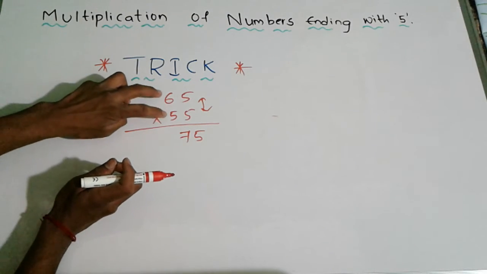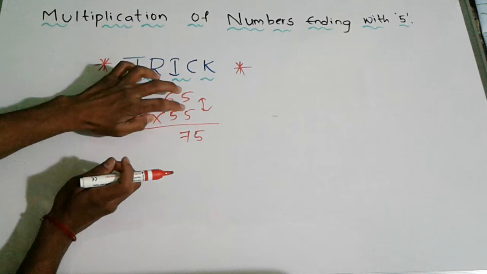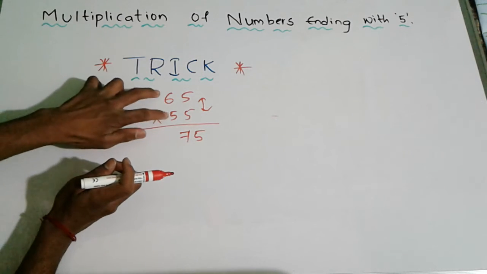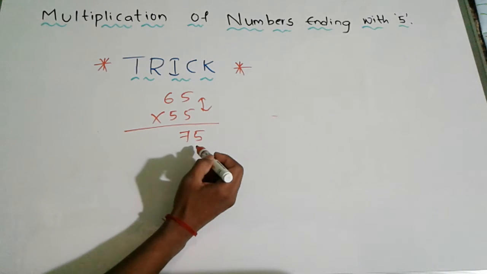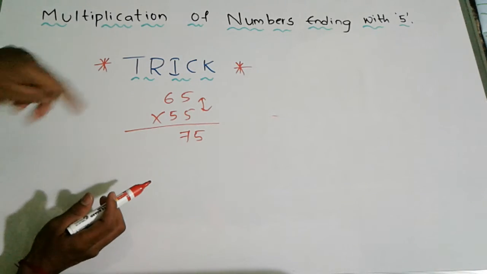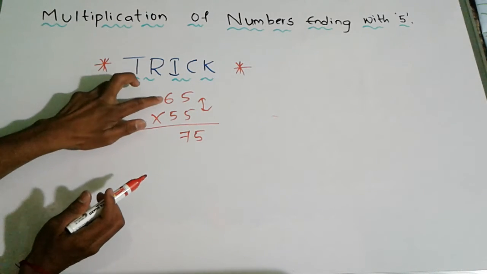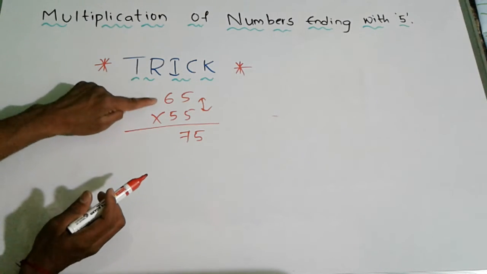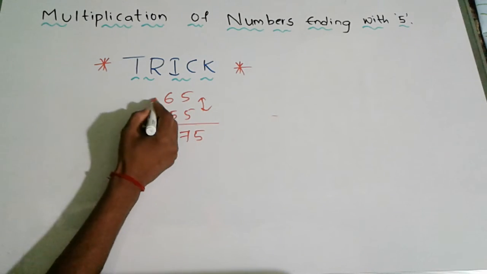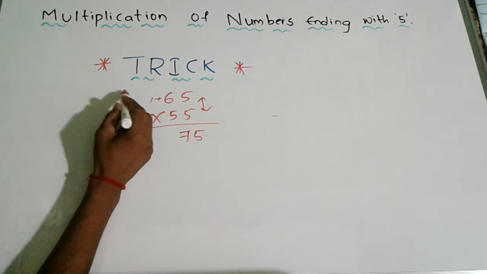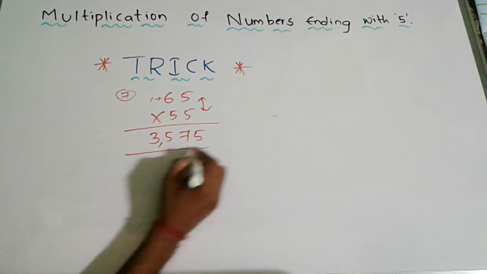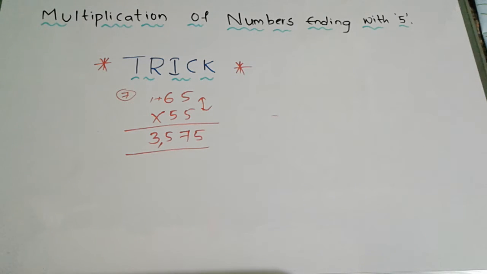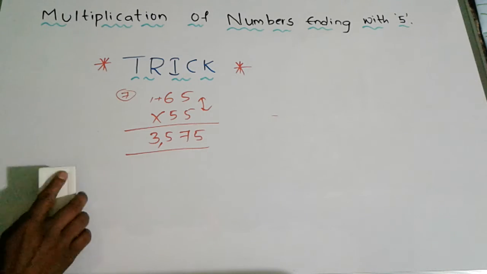If the numbers behind the two 5s differ by 1, then you can directly write 5 5s are 75, and you have to add 1 to the biggest number which you have. Here we have 6, right? I'm adding 1, total 7, right? 7 5s are 35. Okay guys, if you have any doubt, please check with your calculator.